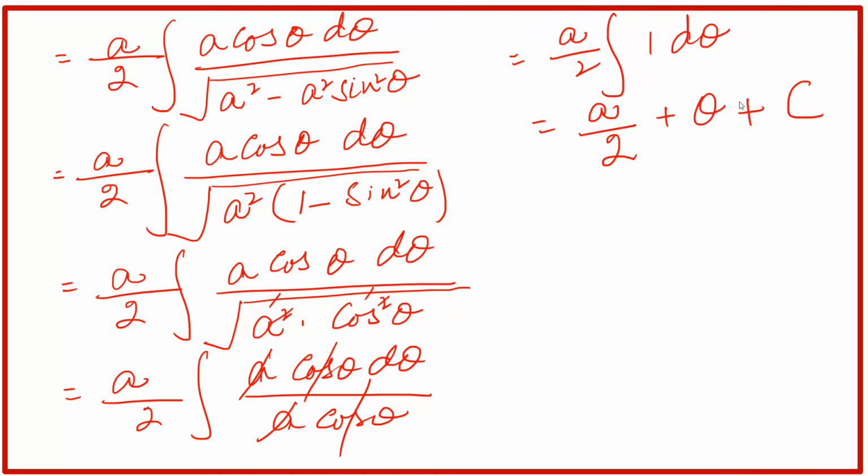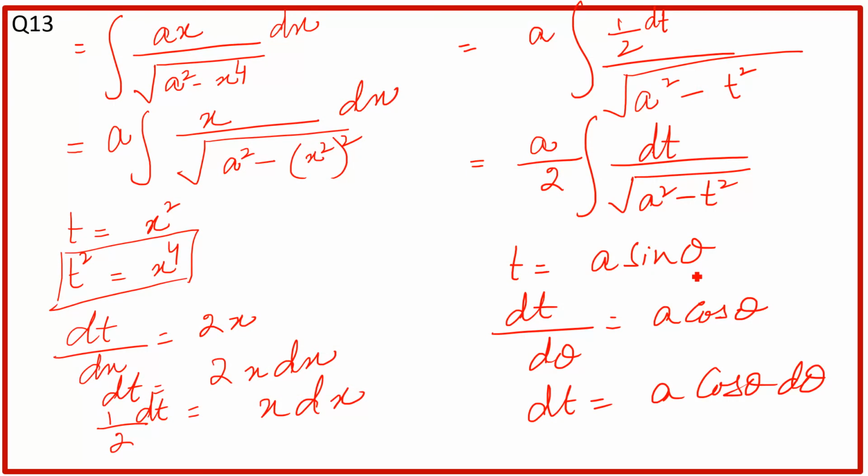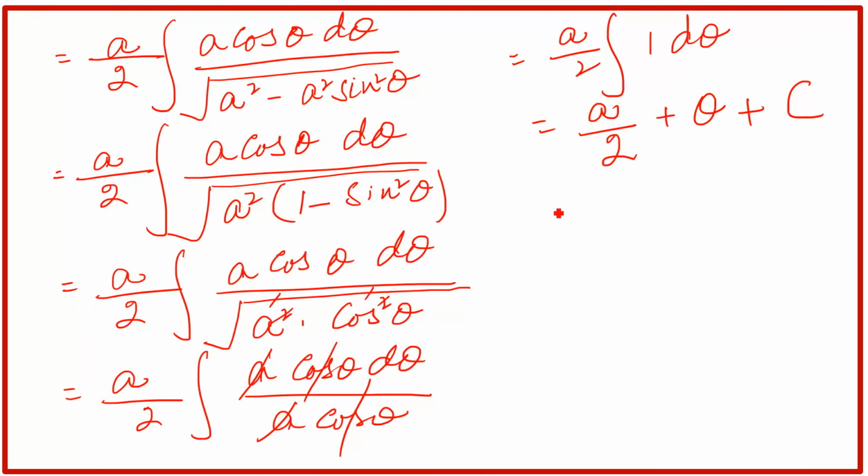So the value of theta from here, see, t is equal to a sine theta. If we want only theta, so theta is equal to sine inverse t over a. So put the value of theta here, which is equal to a over 2 sine inverse t over a plus c.